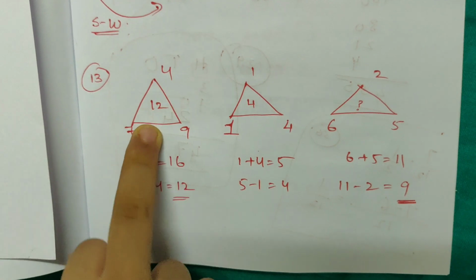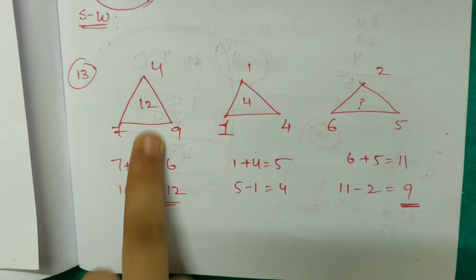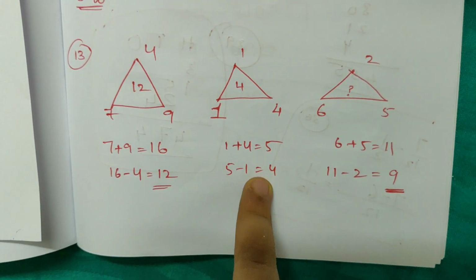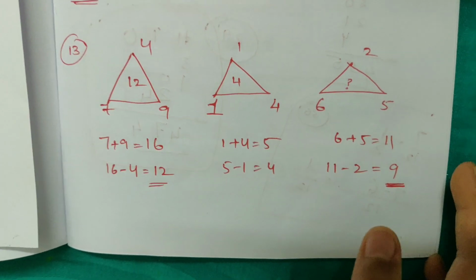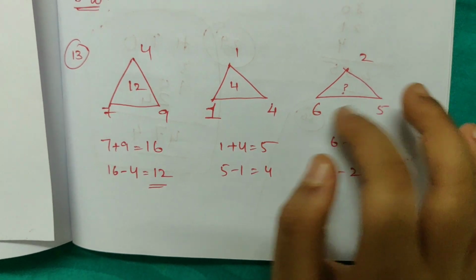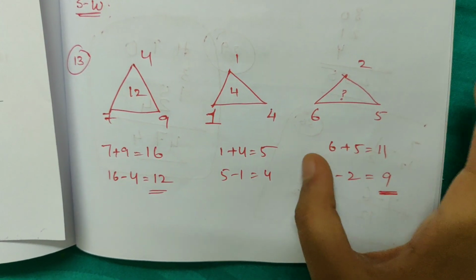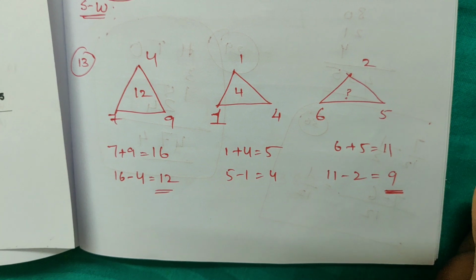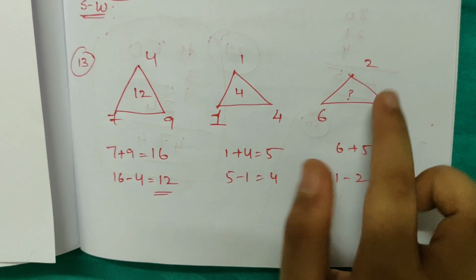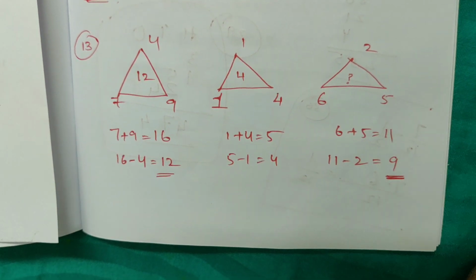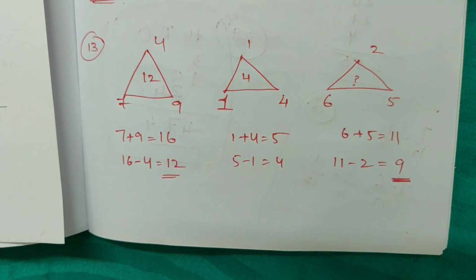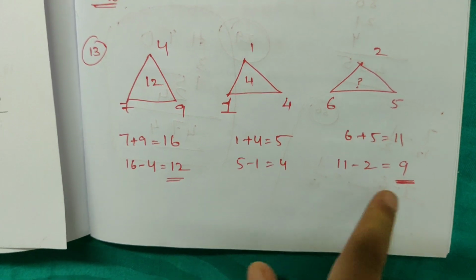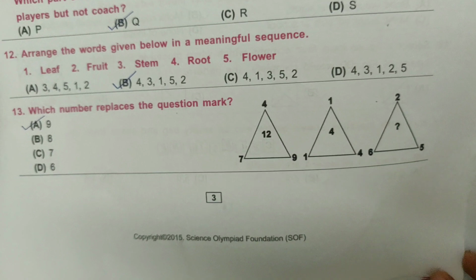Like that we got in here 12. 1 plus 4, 5. 5 minus 1, 4. Like that we got 4. And here 6 plus 5, 11. 11 minus 2, and the 11 minus 2 will come in the middle. And that 11 minus 2 is 9. And the answer is A.